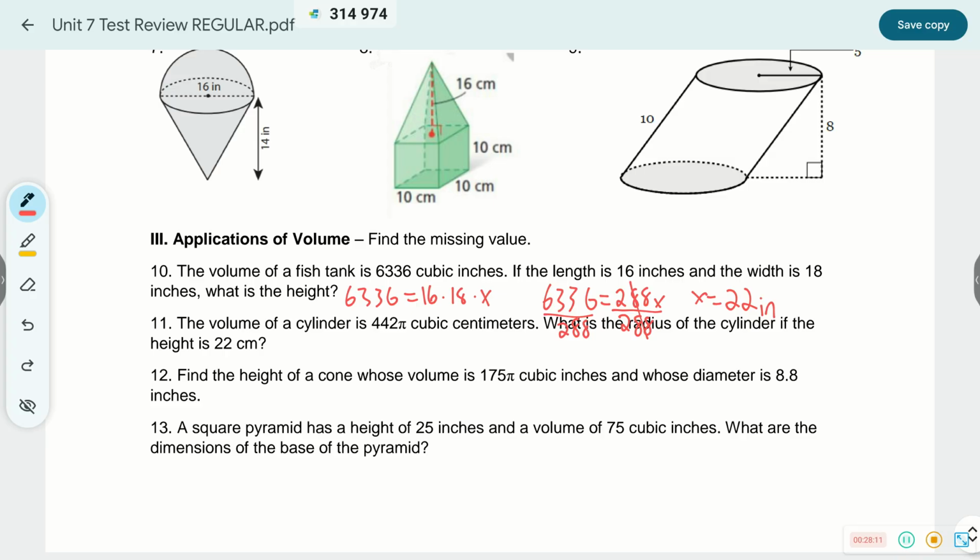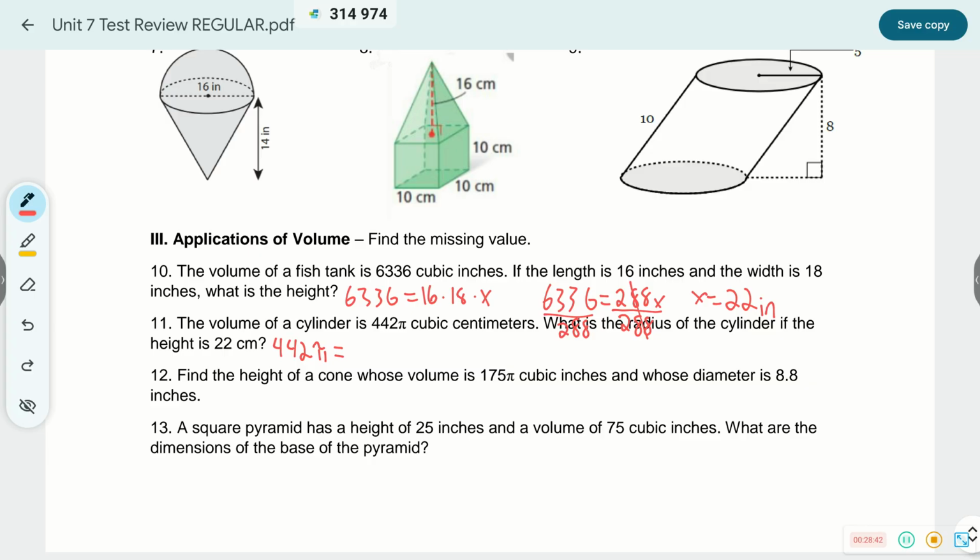Okay. All right, now we have the volume of a cylinder. It's 442 pi cubic centimeters. What is the radius of the cylinder if the height is 22 centimeters? Okay. So we have 442 pi equals our volume of a cylinder, which is the area of the base times the height.